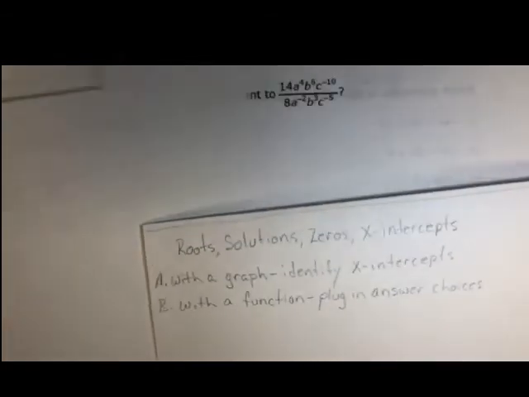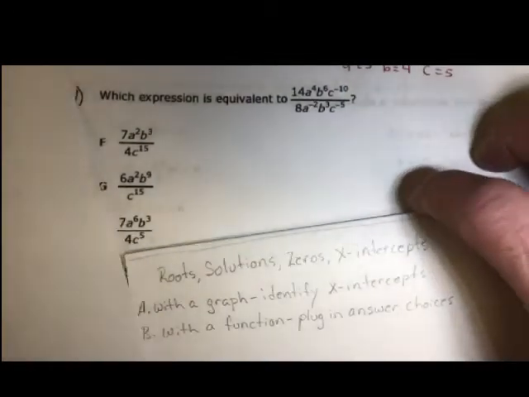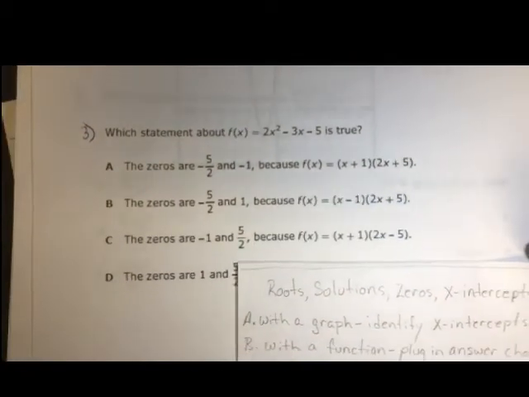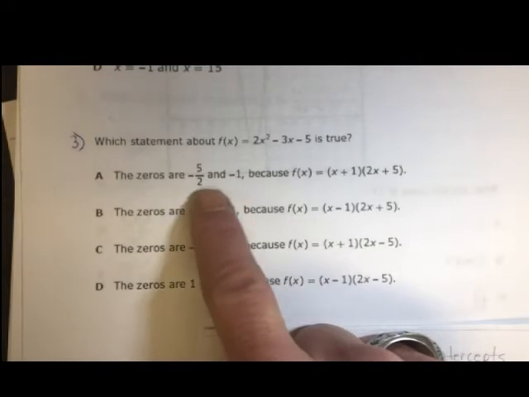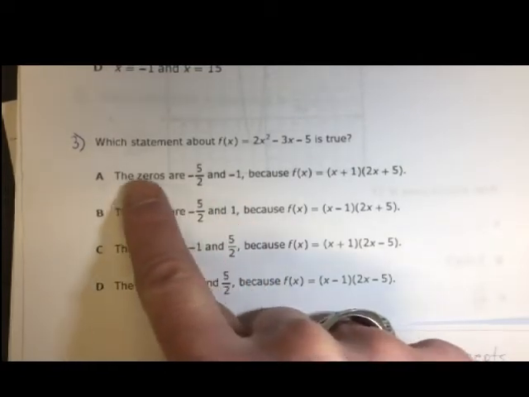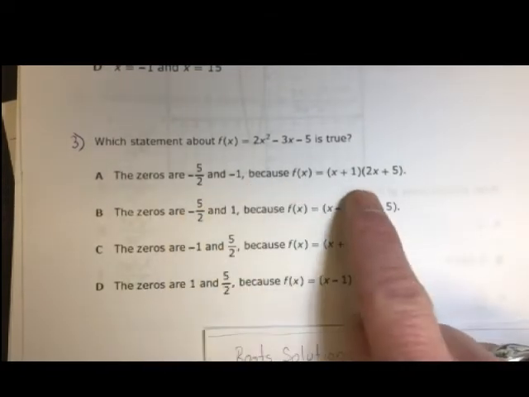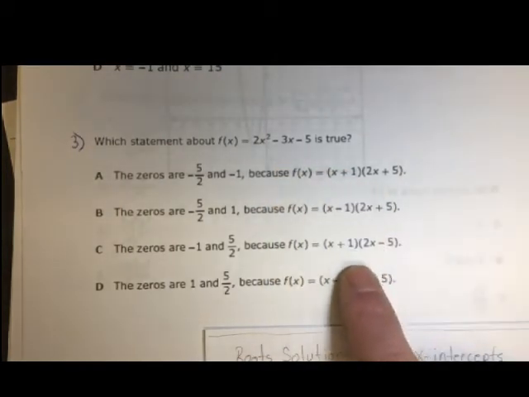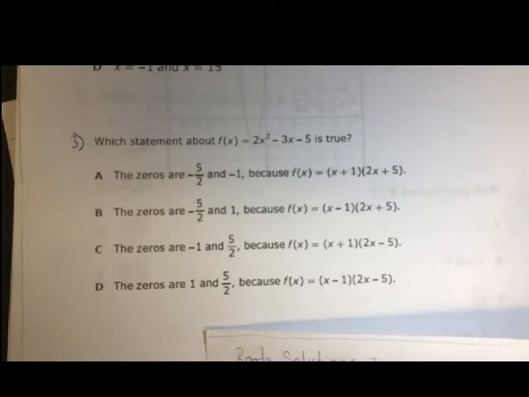But here's another type of exercise that also asks about roots or zeros. And you have 2 choices here. Either you can use the zeros, or you can factor the original expression and use the factors to choose the answer.